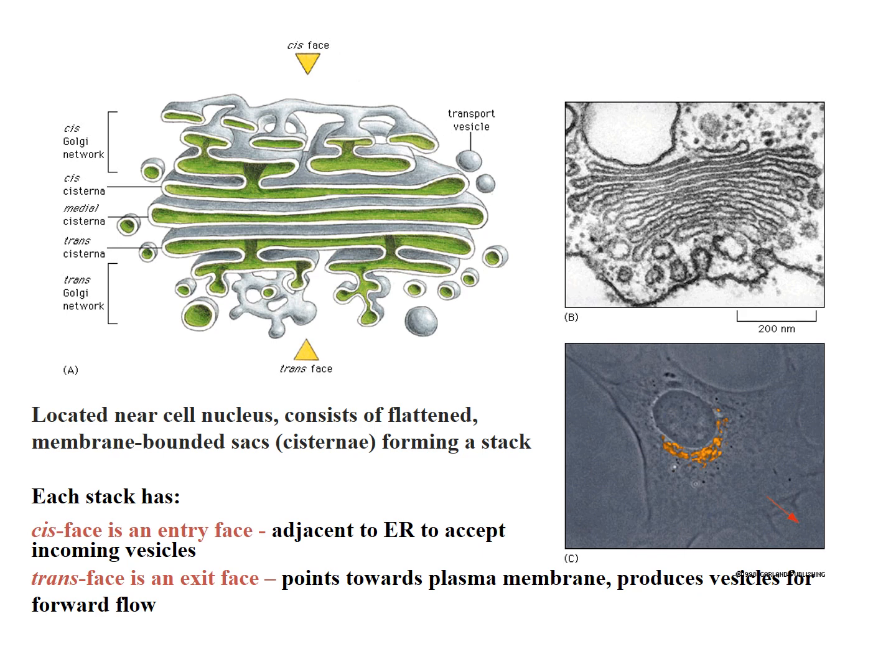Golgis are located near the cell nucleus, flattened sacs called cisternae, and they have a cis face, which is also known as an entry face, and then a trans face, which is an exit face, and vesicles that will be leaving the Golgi and carrying cargo to other destinations.